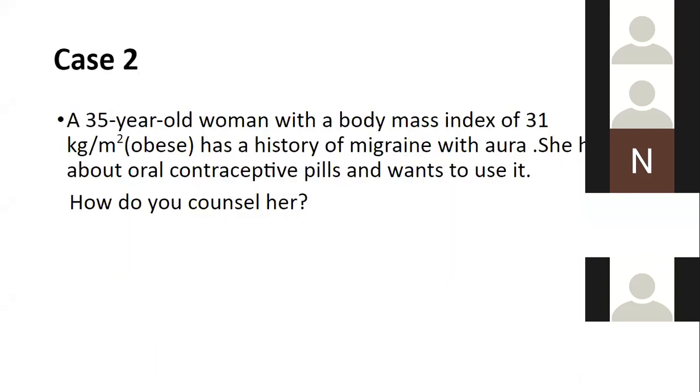So talking about the second case, this is a 35-year-old woman with a body mass index of 31, and she has a history of migraine with aura. She heard about oral contraceptive pills. How do you counsel her?